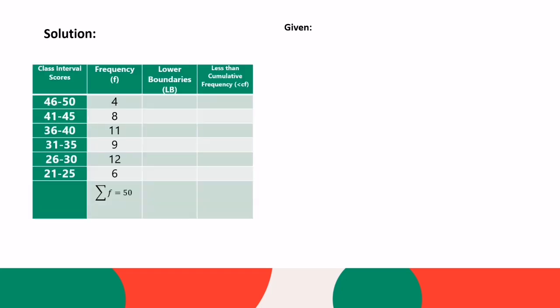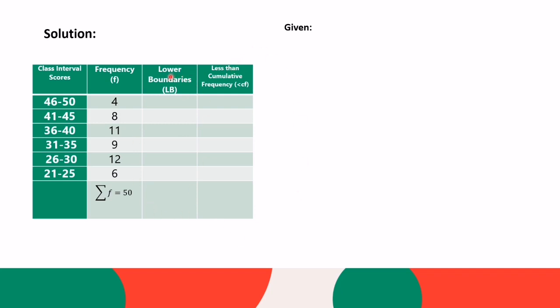So first, for our solution, we will complete our frequency distribution table. We will fill in our LB, our lower boundary, and then our less than CF, or less than cumulative frequency.